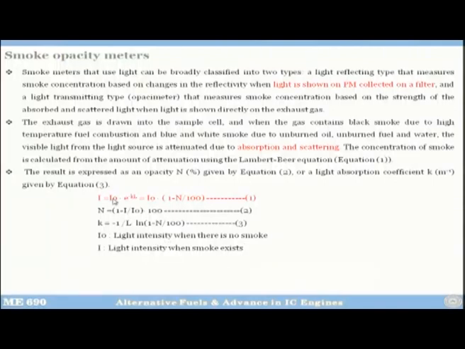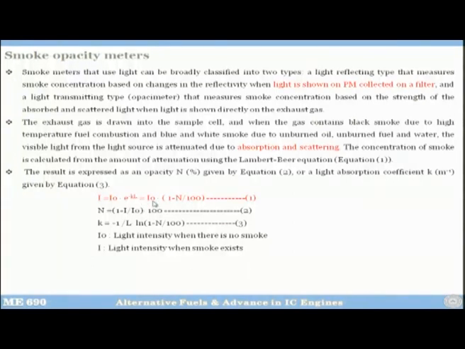So, you fill it with clean air, no particles are there, so your photomultiplier tube is going to give maximum voltage. So, that is the maximum intensity, and e to the power minus KL. K is basically a coefficient of absorption, and L is the length of the smoke tube.